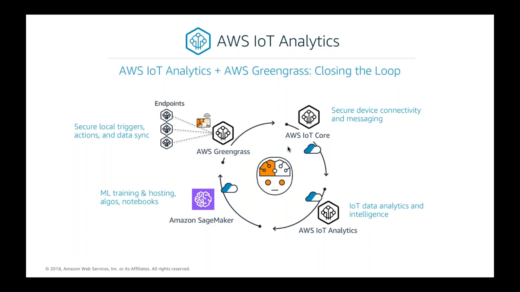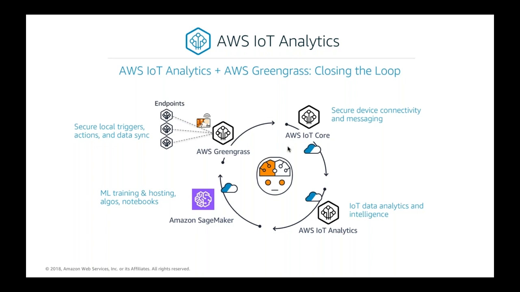So if you think of this as an ongoing loop, you can bring the data from your devices, when you're running Greengrass, or even when you're not running Greengrass, but you can then use IoT Analytics in combination with machine learning to really identify, if you're doing things like anomaly detection or predictive analytics using SageMaker, and from there you can run these models in the cloud.